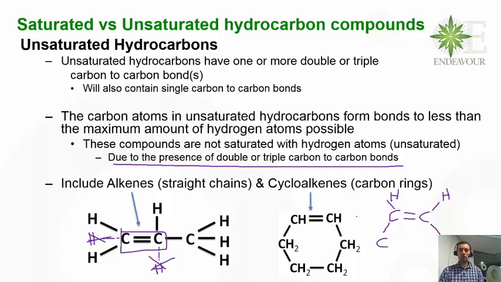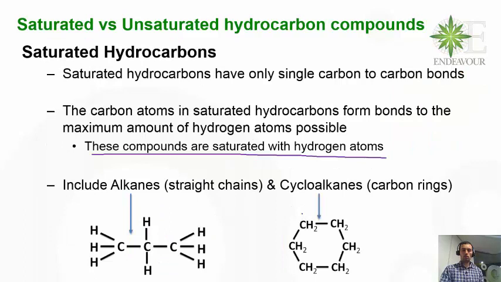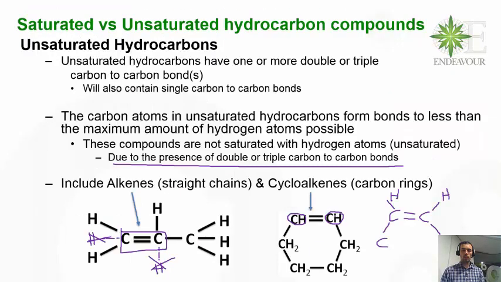So instead of being CH2s, those two carbons at the top here are just CH, one less hydrogen than we saw in the previous structure, where each of these ones at the top was CH2. Whereas if you look at the cycloalkene structure here, we've got CHs, not CH2s, due to the presence of that extra carbon-to-carbon bond.